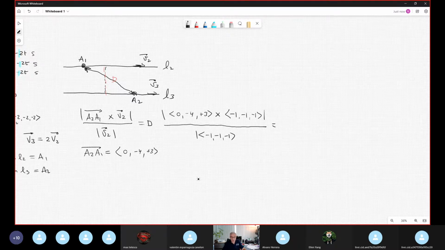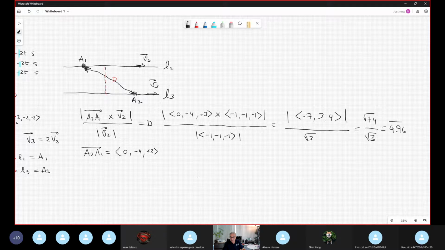Now the top part is negative 7, 3, 4, divided by the magnitude of B2, which is radical 3, obviously, because 1 plus 1 plus 1. The magnitude of this vector is square root of 74 divided by radical 3, which is approximately 4.96. Do you understand the idea?